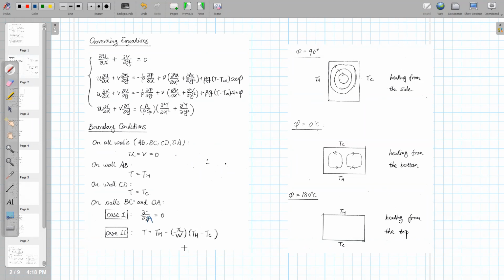Now we want to solve these equations so that we can know the velocity and temperature distributions. After we know them, we will know the friction at the wall and the heat flux between the wall and the fluid.